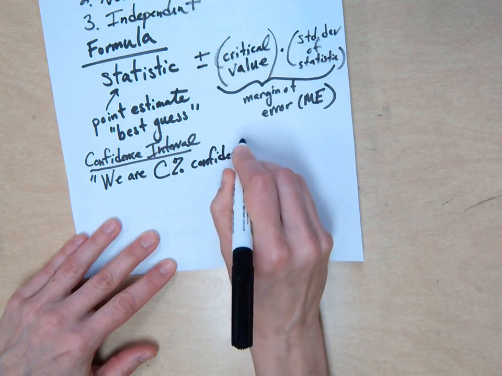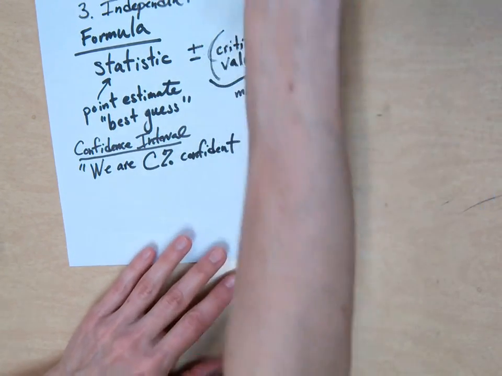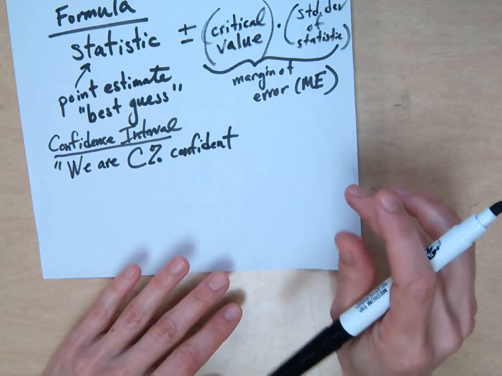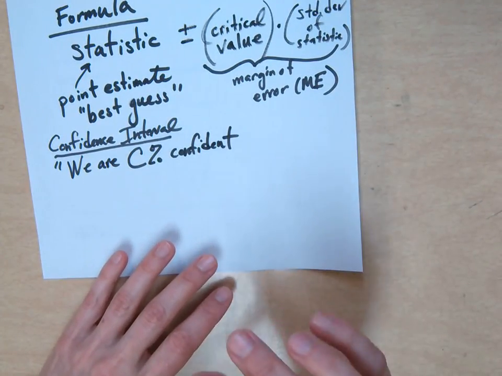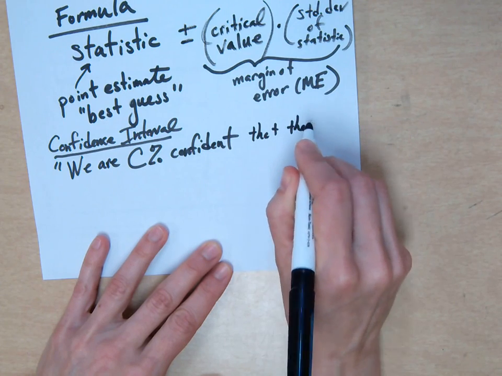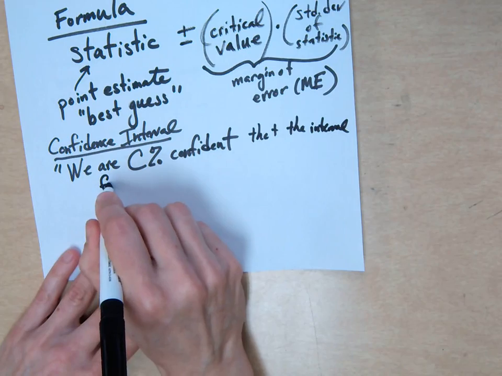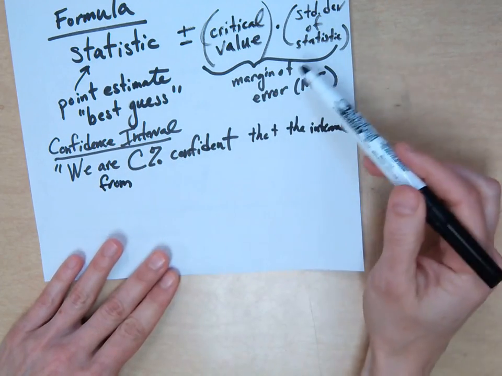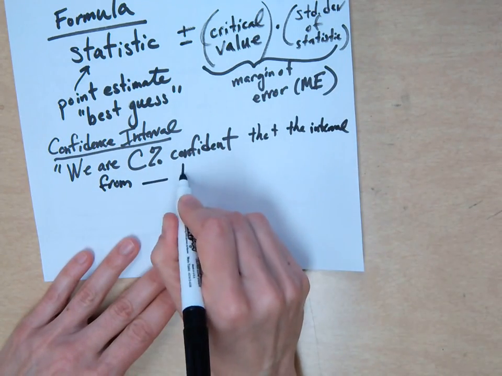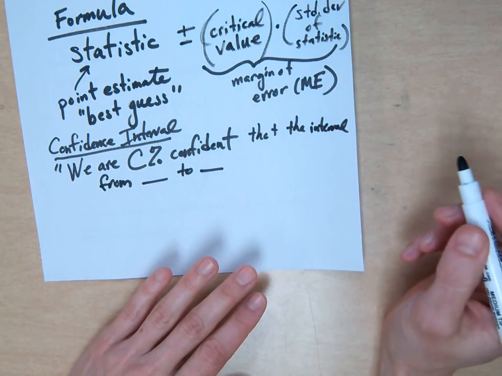This wording is recommended by a textbook author who also works on grading the AP exams. We are 95% confident that the interval from blank to blank, whatever your interval is, captures the actual value of the population parameter.